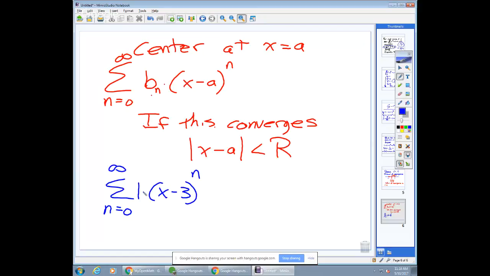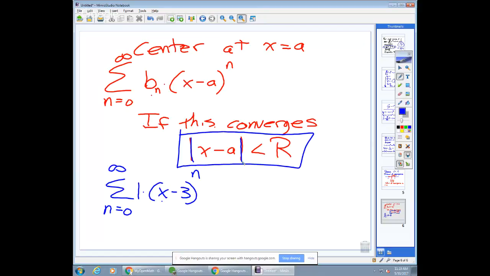So my claim is 3 is the center of my interval. X is a variable. X could be any number. For some x values, this thing will converge. For other x values, it will diverge. And we'll explore that in just a minute. When I look at this right here, what this tells me is that absolute value means distance from 0 usually.